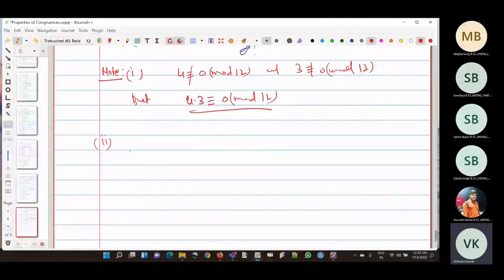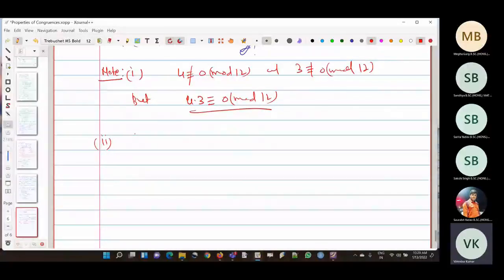In an integral domain, if the product of two elements is 0, then at least one of them is going to be 0. Here 4 and 3 become zero divisors. But integral domains are commutative rings with unity with no zero divisors. So this happens in a ring which is not an integral domain.